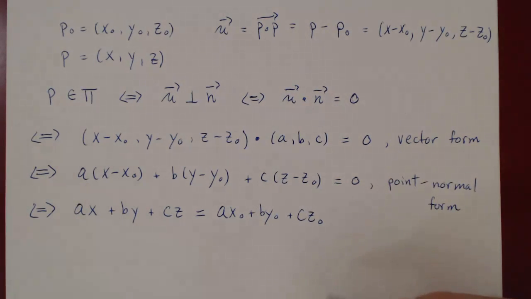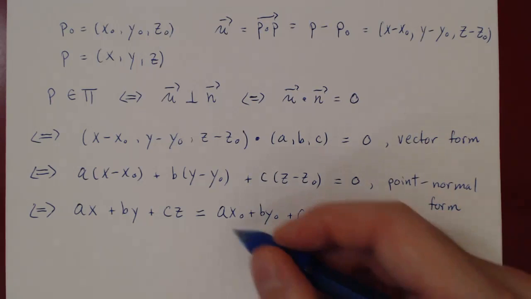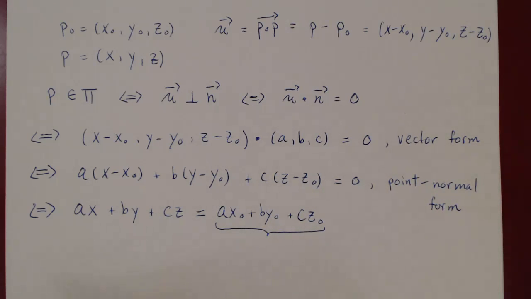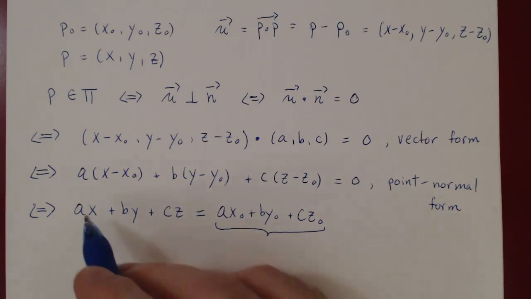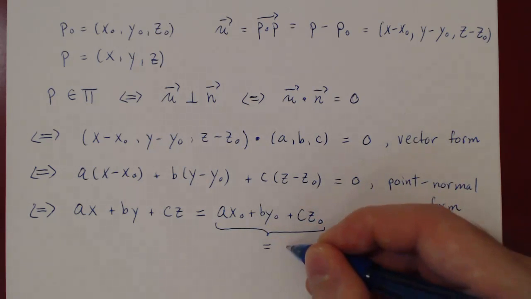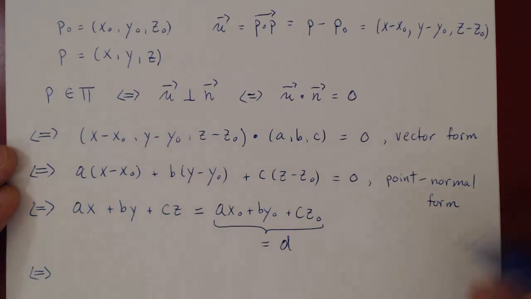And the idea is there's no variable here. A, B, C are fixed real numbers. X naught, y naught, z naught are also fixed real numbers. So all this is a constant. The idea is, well, let's give this a new name. We already have A, B, C. Let's call this D. And you see now we have a really simple form for the equation of a plane.